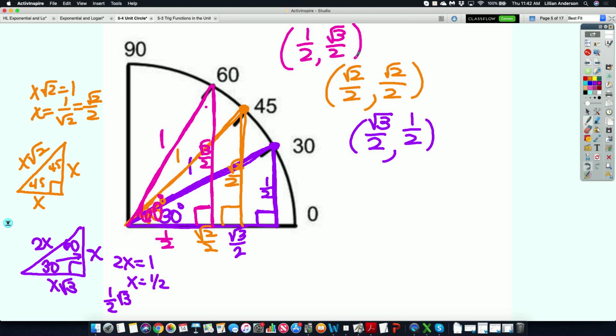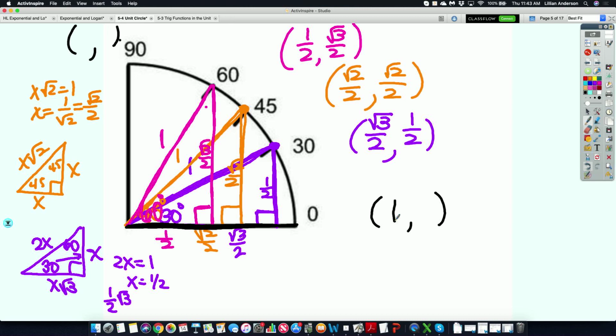Now, what about 0 and 90? What about their ordered pairs? If this represents my radius, how long is this? It's 1. So the length of that is 1. Is that going to be my x coordinate or my y coordinate?